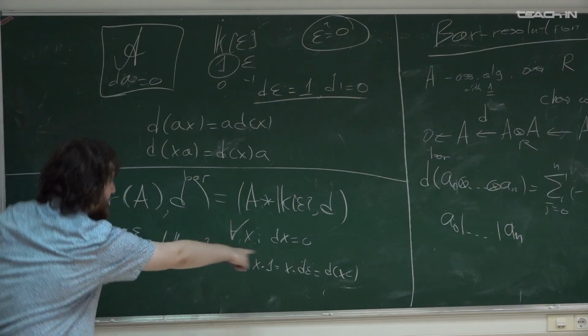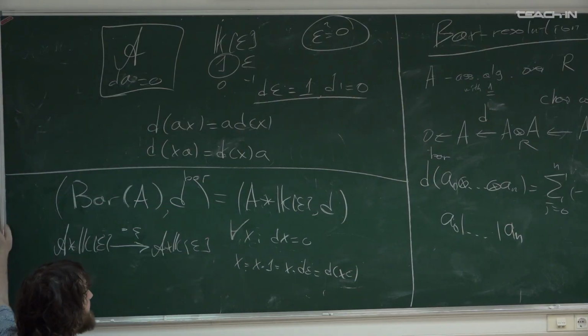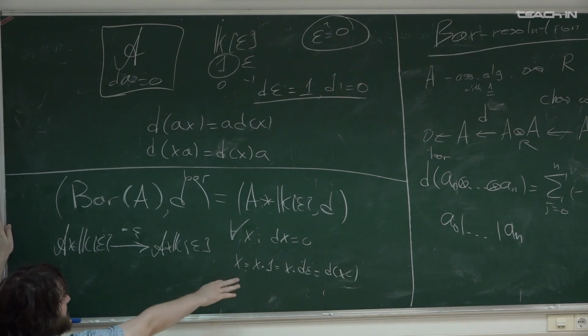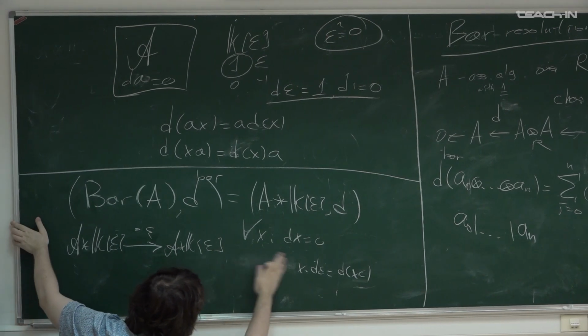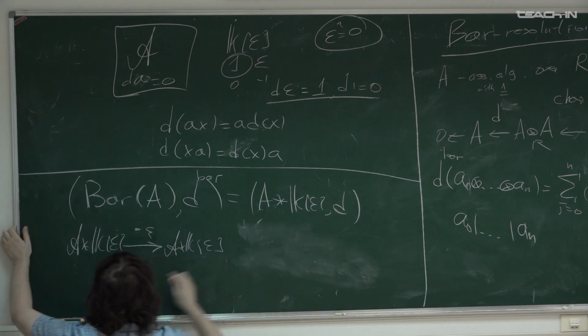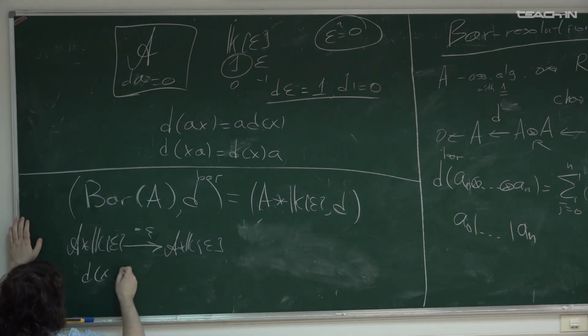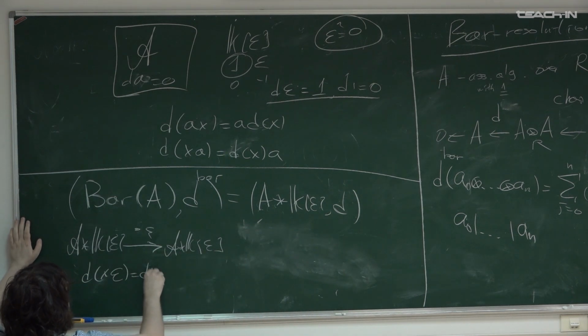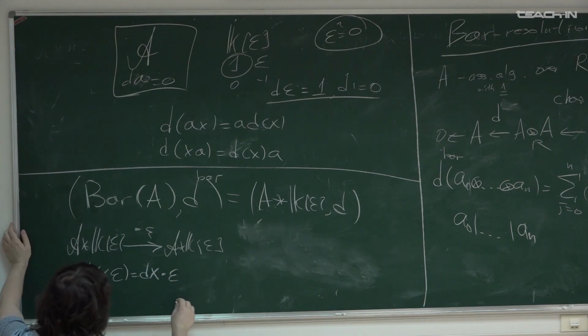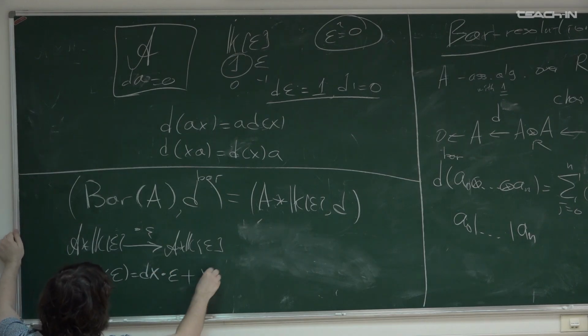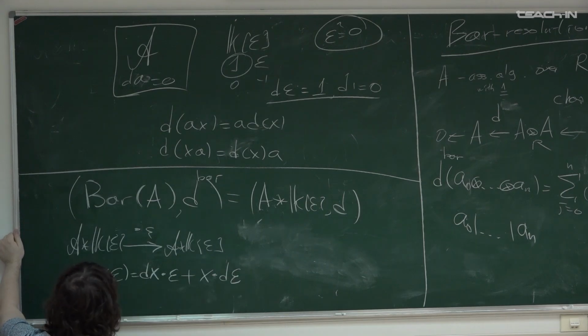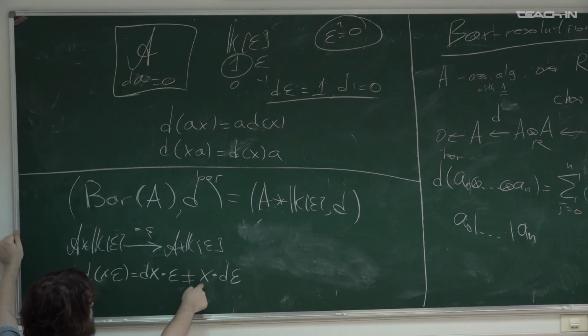This formula says that in general, even if x is not a cycle, the Leibniz rule gives that d(x epsilon) is dx epsilon plus x d epsilon, with some sign depending on the degree of x.